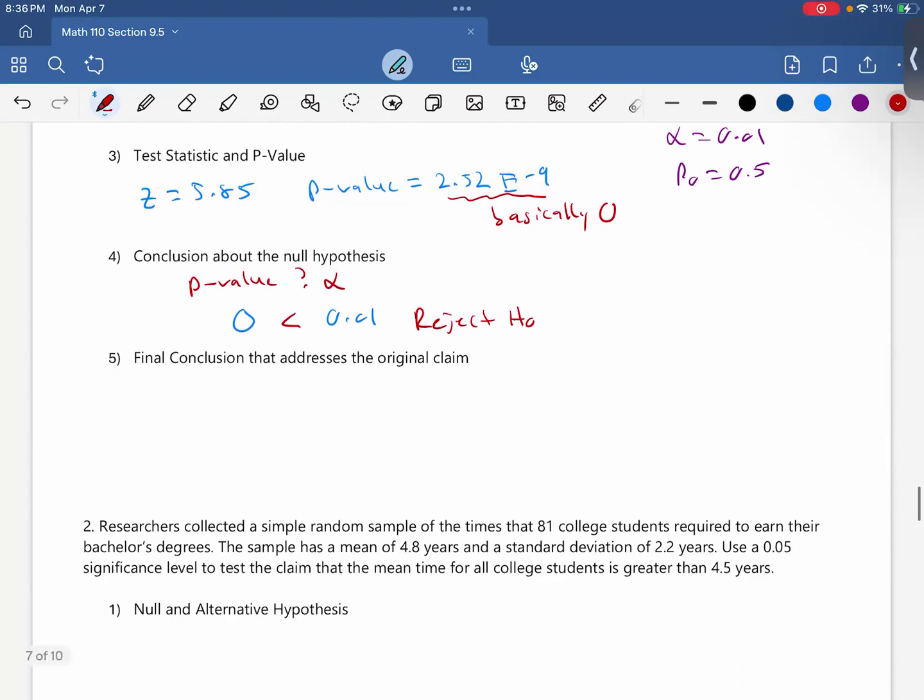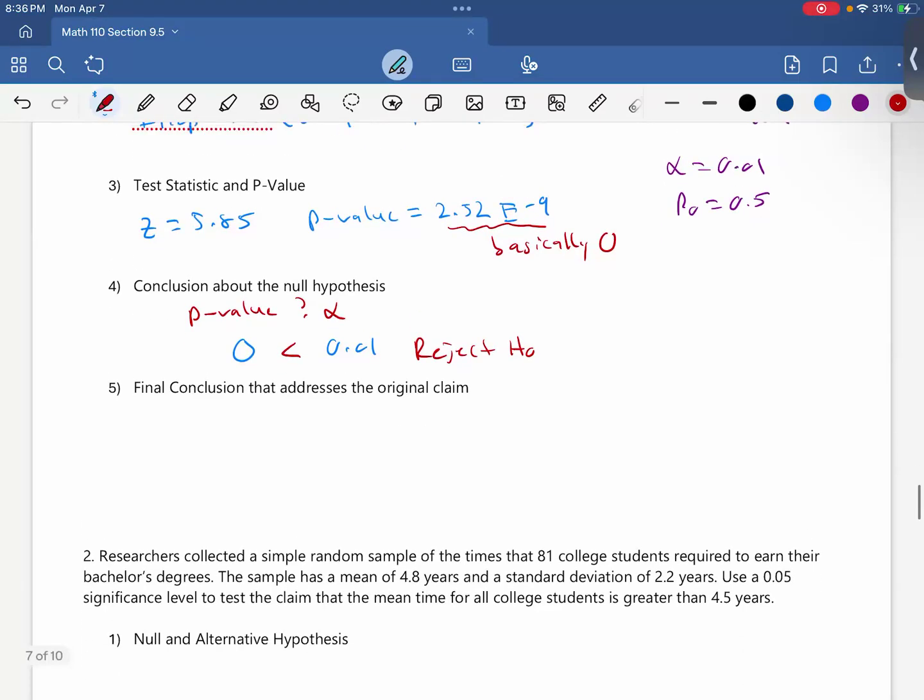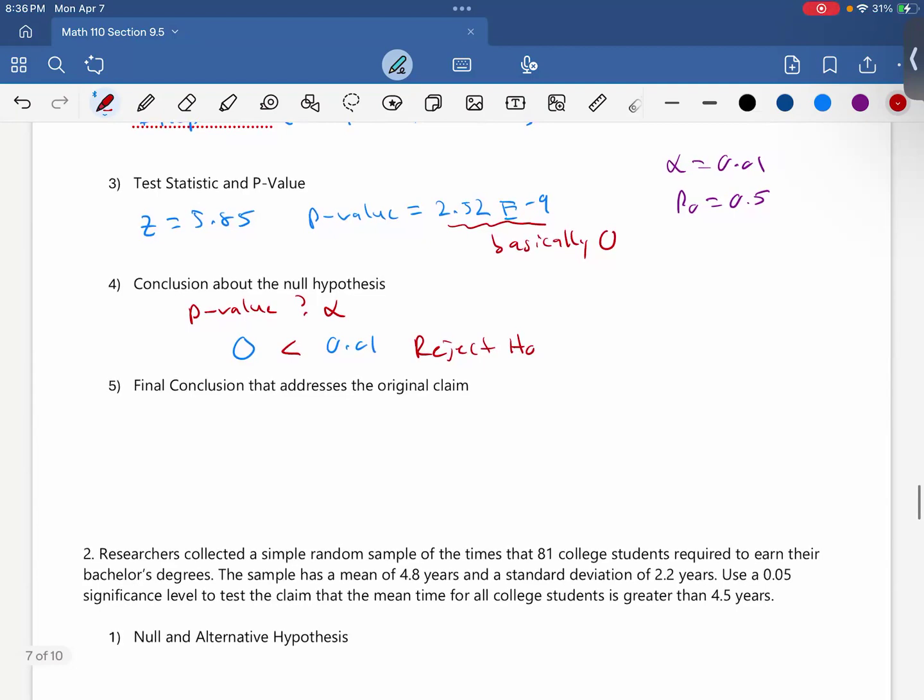Okay, so final conclusion that addresses the original claim. Here's where we're going to follow along our conclusion table, so make sure you have that ready. What we find is that we have no equality in the claim, and we reject the null.